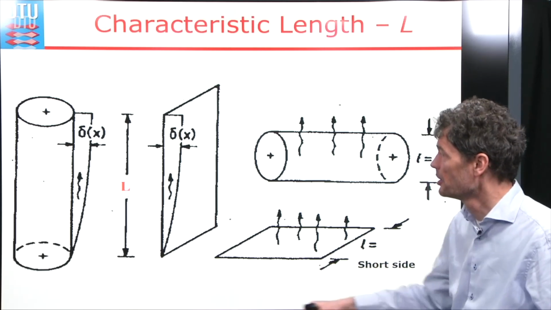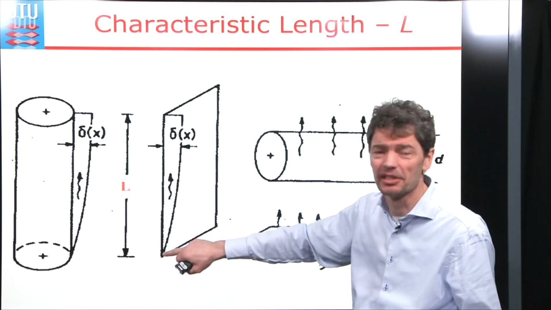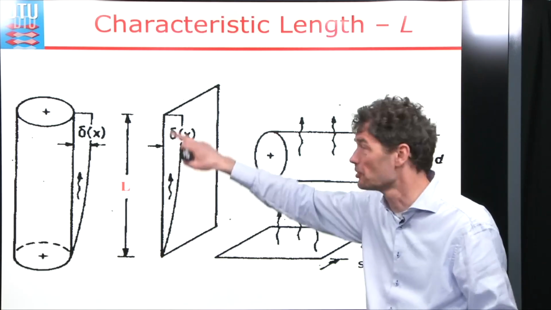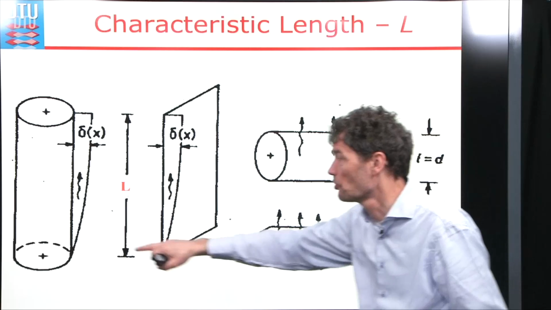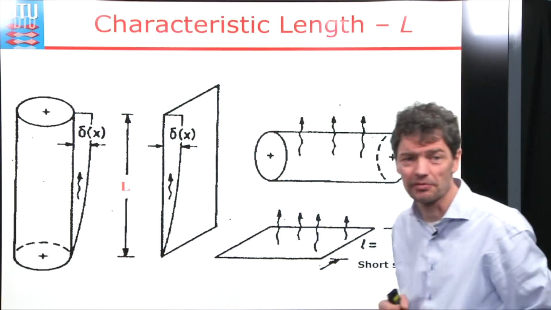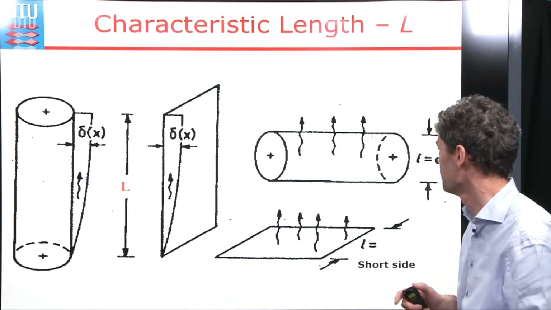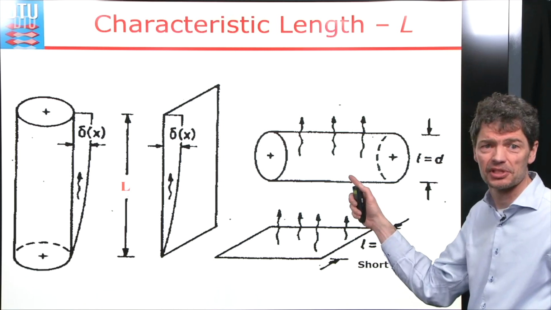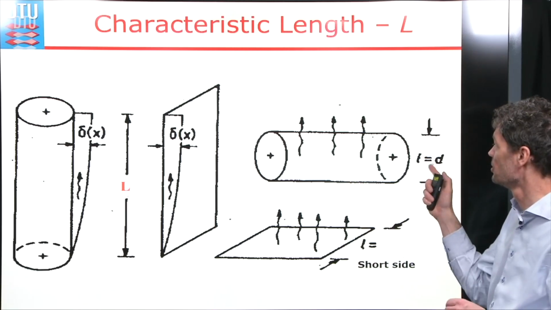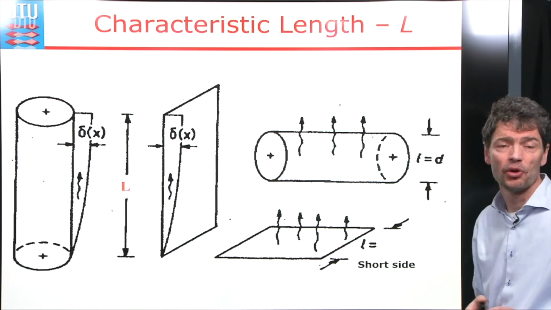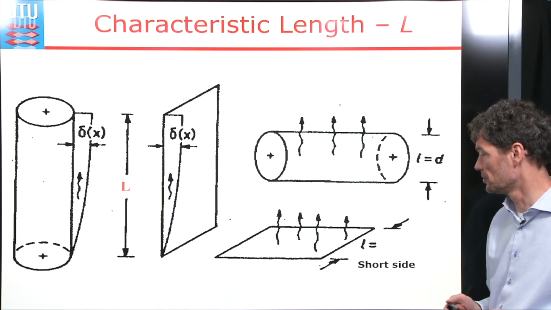As I said before, if you have flow along a plate, then the characteristic length would be the length of the plate or the point at which you are. It could also be along the exterior surface of a cylinder, as you see here. But if you have flow perpendicular to the cylinder, then the characteristic length would be the diameter of the cylinder as such.